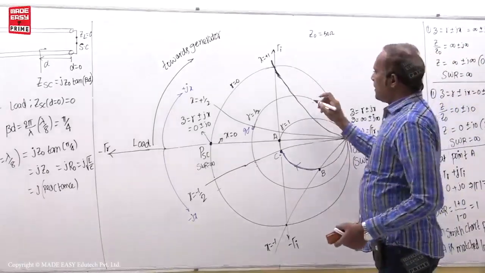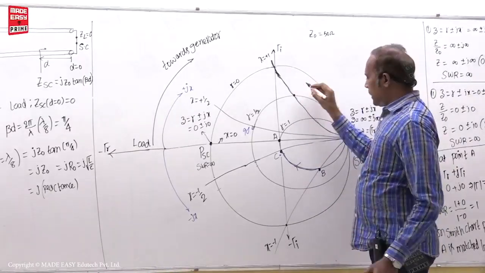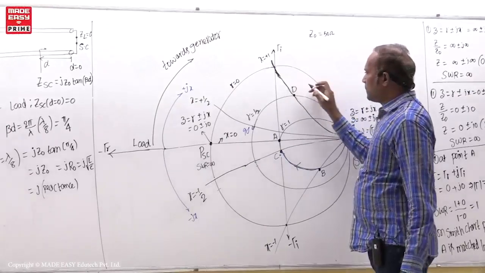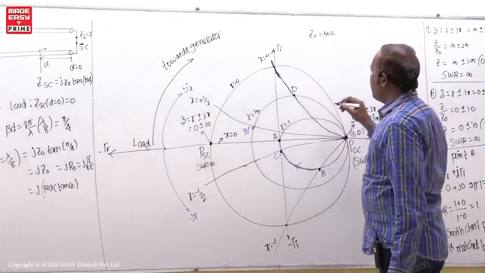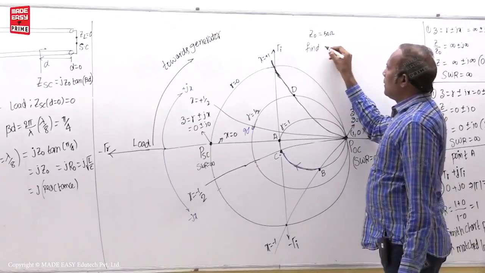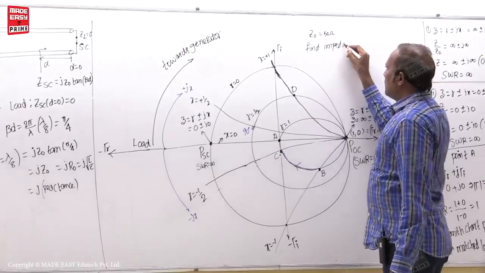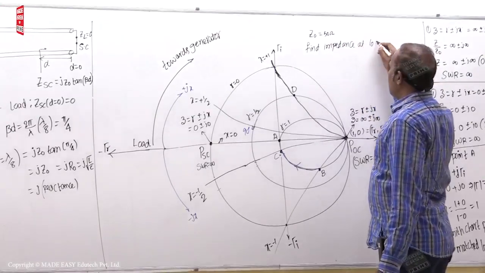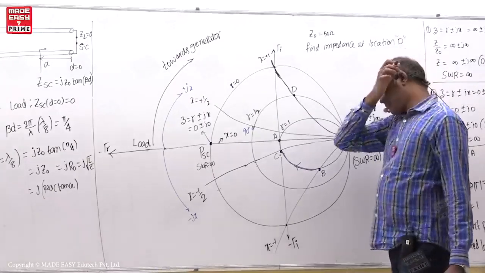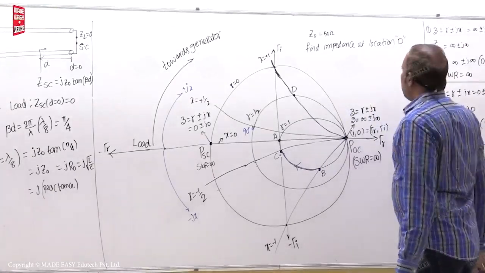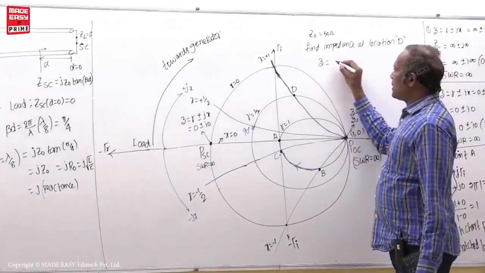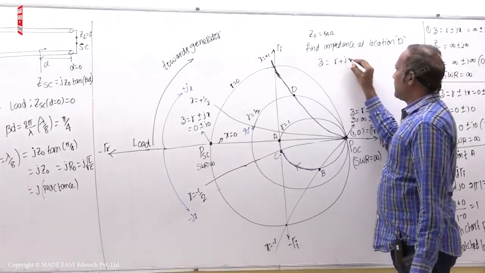Now this location D, so this is location D I am putting. Find impedance at location D. Then what you do? At location D, small z is equal to r plus jx.